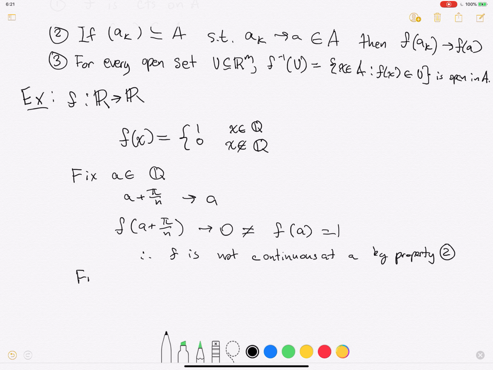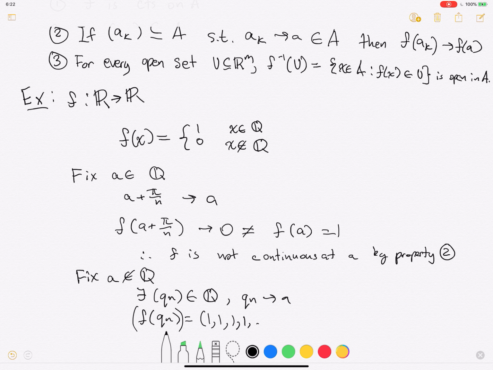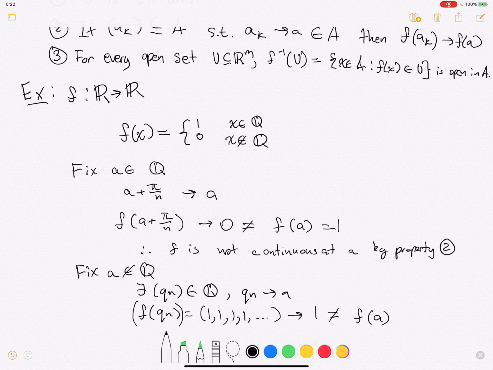Now, if we do the same for a non-rational a, or an irrational a, if we take some sequence q_n in Q that converges to a, f of that sequence will be 1, 1, 1, 1, which goes to 1, which is not the same as f(a), where a is an irrational number, which would be 0.